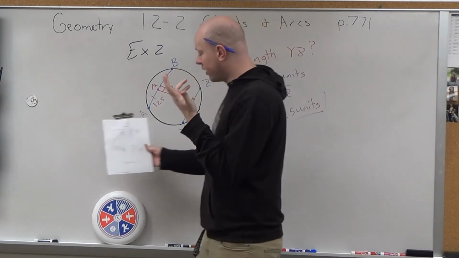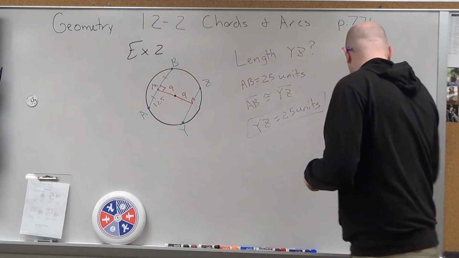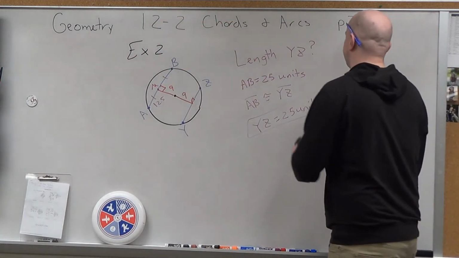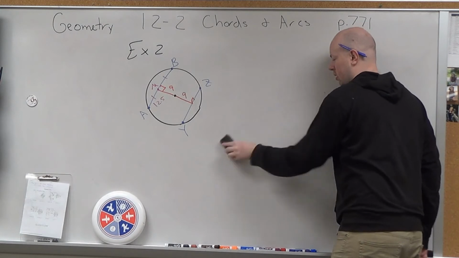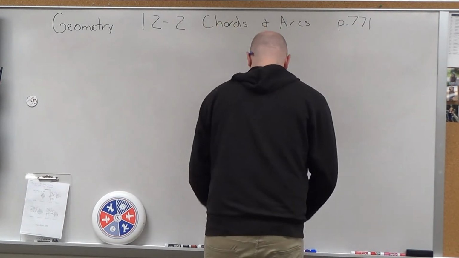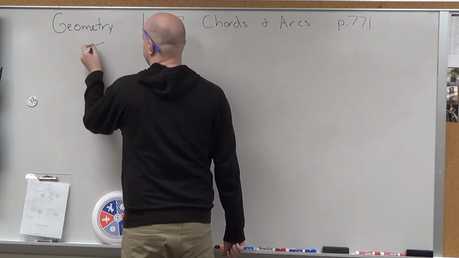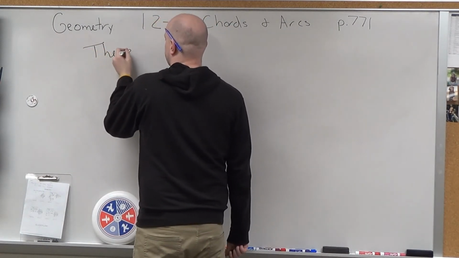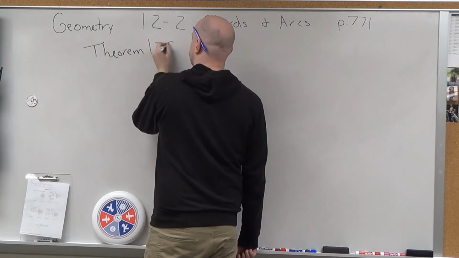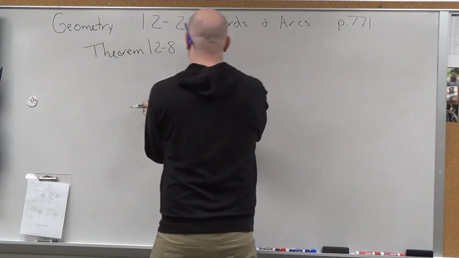Now all we have left are actually three more theorems. I know a lot of theorems today, but they're all very important. So we get theorem 12-8. So we get a circle.